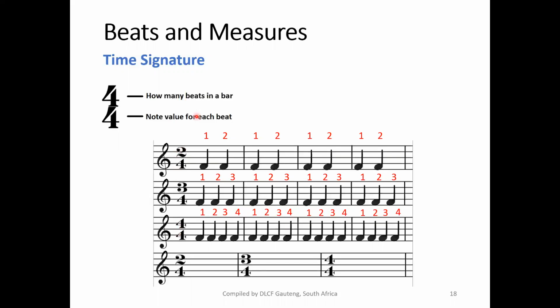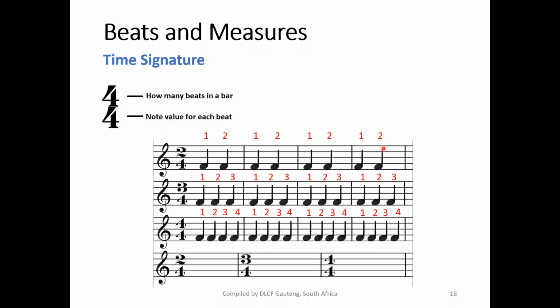Okay, so going by this rule, the 2/4, the 2 tells us that we have two beats in a bar. So if you notice from the beginning of the music, that's the first bar, and then that's the second bar there, and that's the third bar or measure, and this is the fourth bar or measure, and it continues.